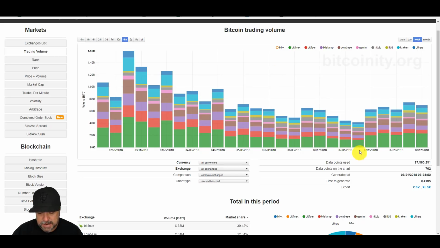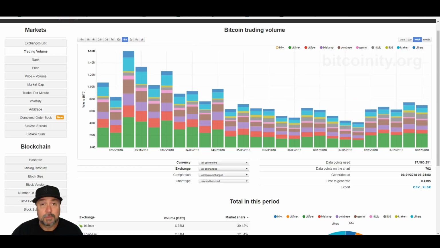You could change that out, and it won't show BitMEX. You may want to do that because they have such high leverage, and so the contract volumes might be a little skewed. But as you can see, again, from the beginning of July till now, we've got a nice jump in volume. So I think that's a pretty good indication of price action. So there you have it.